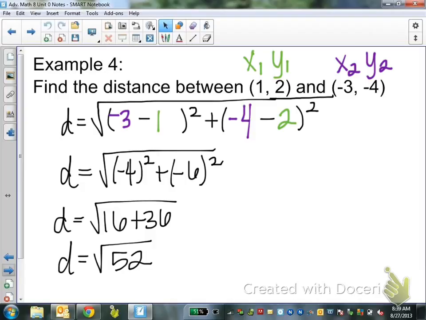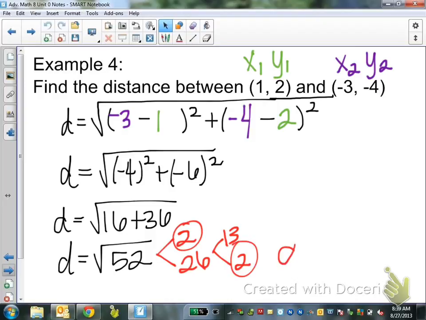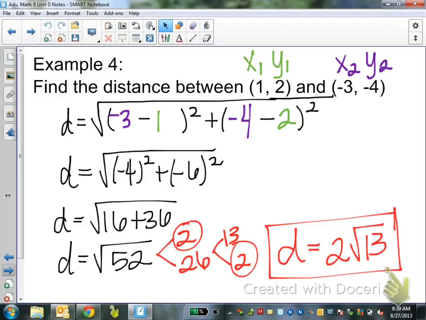Let's see if we can break down 52. 52 is 2 and 26. 26 is 13 and 2. So do you guys see a pair? 2's. So pull out the 2's. So the distance equals 2, and what stays inside the square root? 13. And that's your answer.